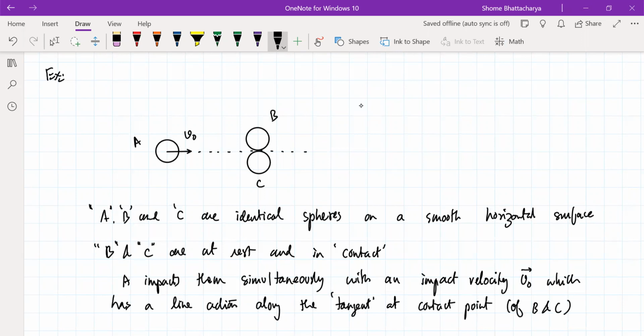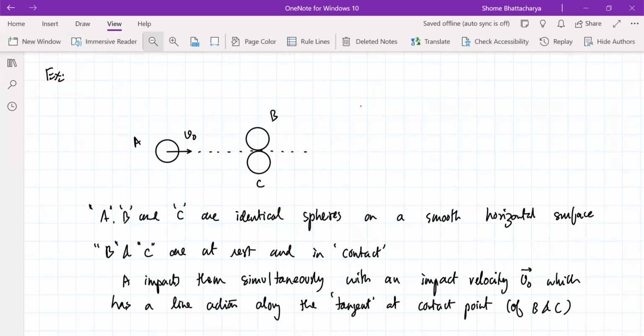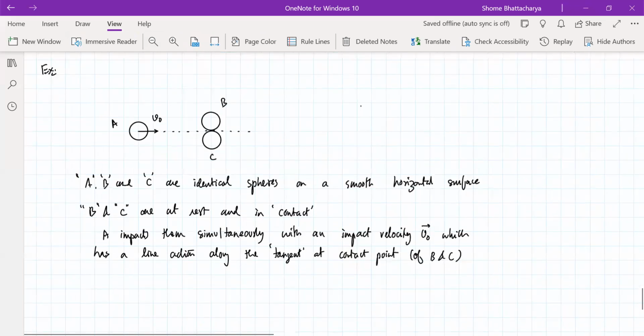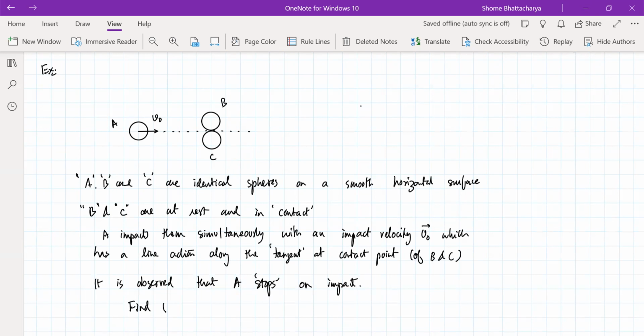Now what the question is telling us is that it is observed that A comes to rest on impact. A simply stops on impact. We have to find the velocity of B and C after impact.